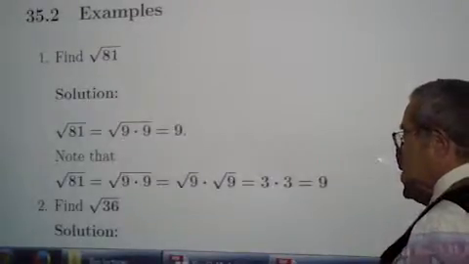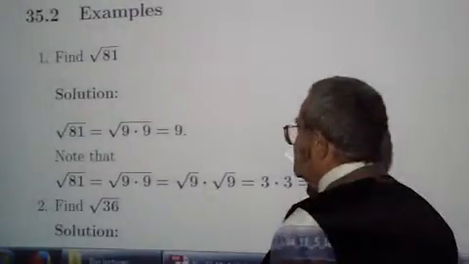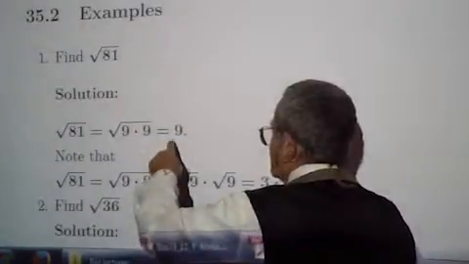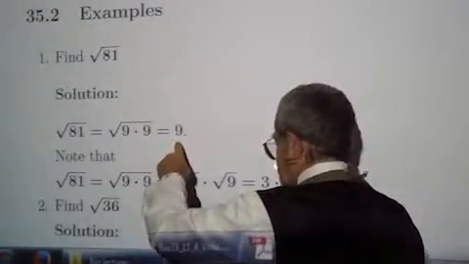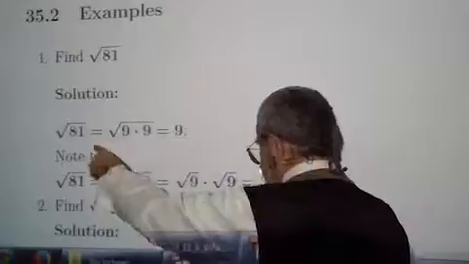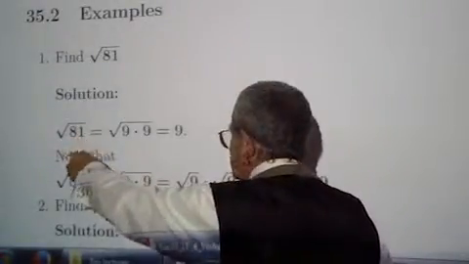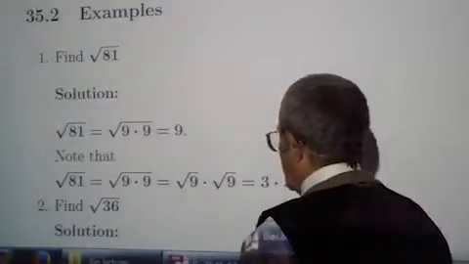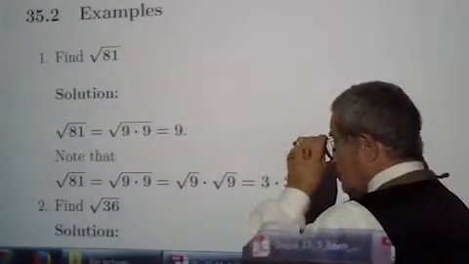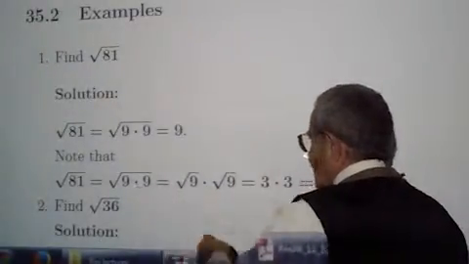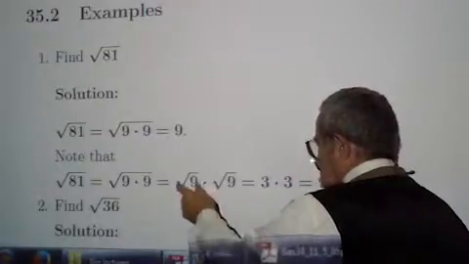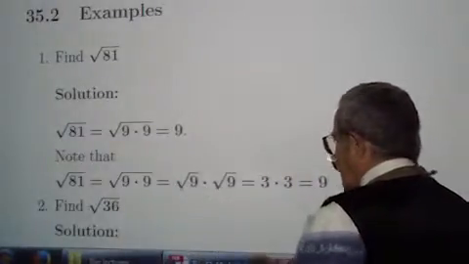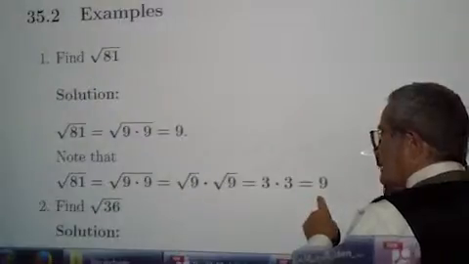You want to check yourself when you raise 9 to the power 2, so 9 squared. You should get the radicand, which is the quantity under the square root sign, which is 81. You could also have written 81 as 9 times 9, which is like the square root of 9 times the square root of 9, which is 3 times 3, which is 9.